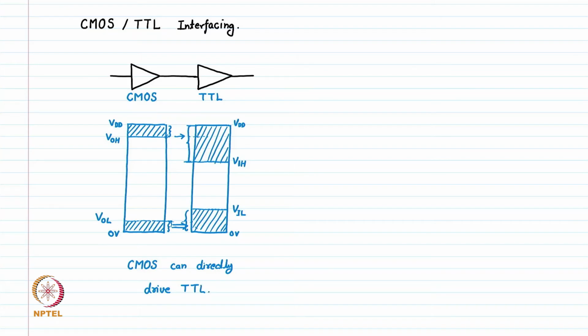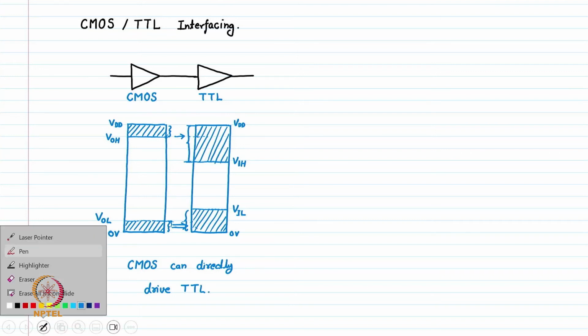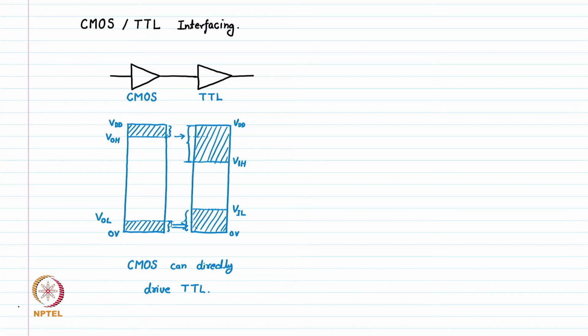Let us see the other case where TTL is driving the CMOS. So now we have the first gate is TTL and the second gate is CMOS.